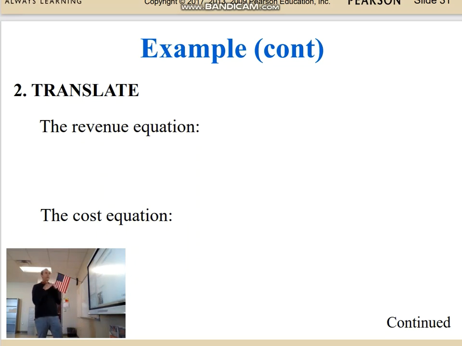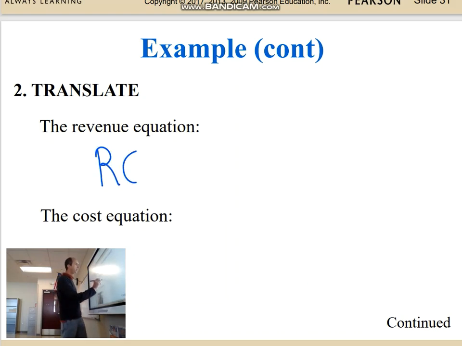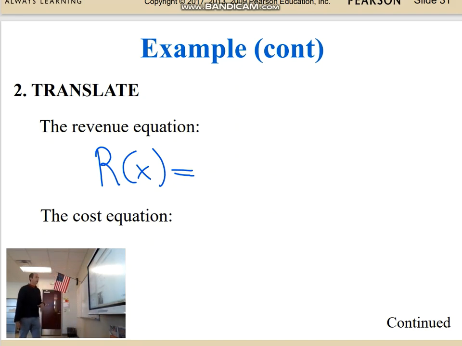Let's try to translate now this into math equations. We have to find the revenue as a function of X, and every time we sell a package, we're going to receive $4, right?